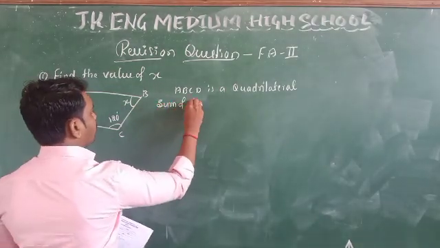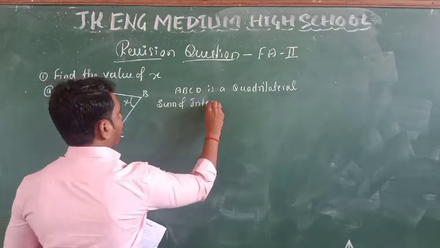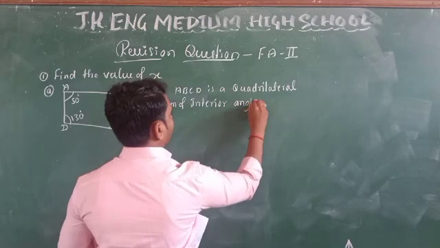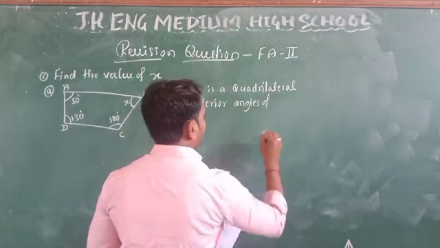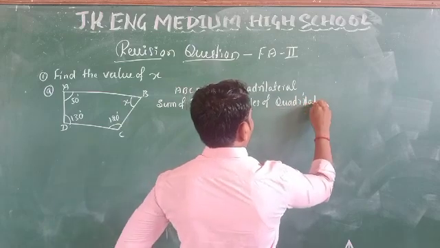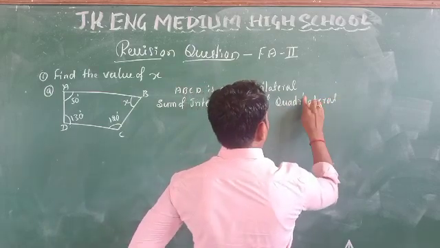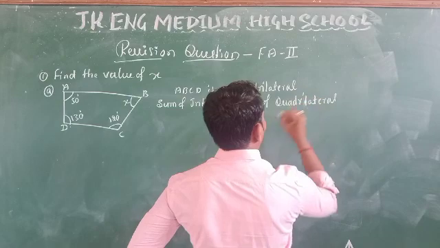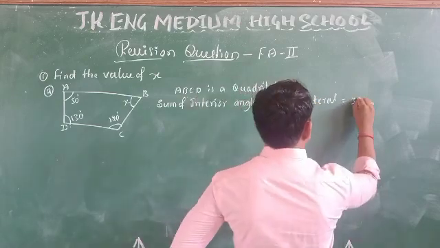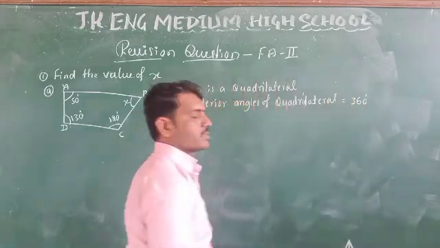Sum of interior angles of quadrilateral. Sum of interior angles of quadrilateral is equal to 360 degree.